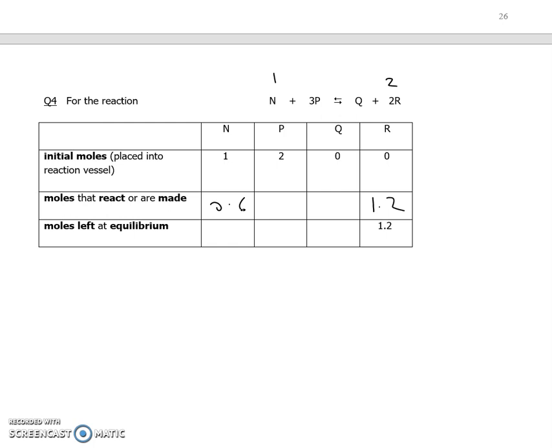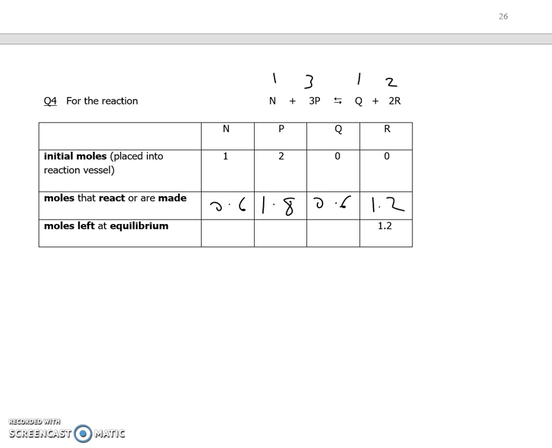So the stoichiometry between N and Q is 1 to 1. So we've made 0.6 moles of Q, and between N and P there's a 1 to 3 ratio, so we reacted 1.8 moles of P. So the moles left at equilibrium is the difference between the initial moles and that which was reacted.